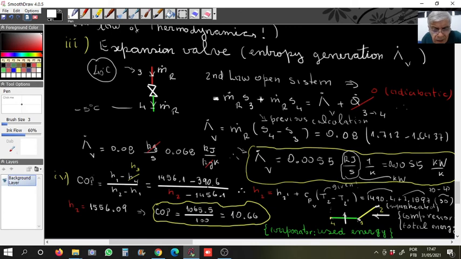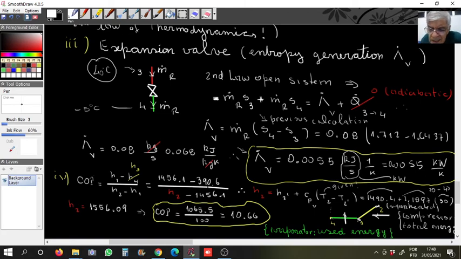Then I do this calculation, and the coefficient of performance is 1065.5 divided by approximately 100. That's why I put 100 here. You divide by 100, it is 10.66. It's dimensionless, because the unit in the numerator is the same as the unit in the denominator. So the coefficient of performance is dimensionless.